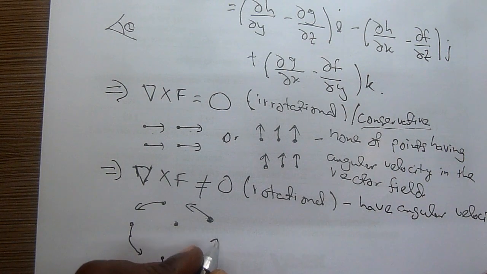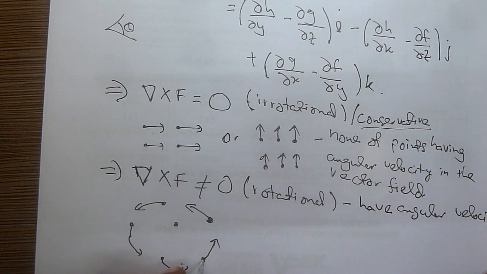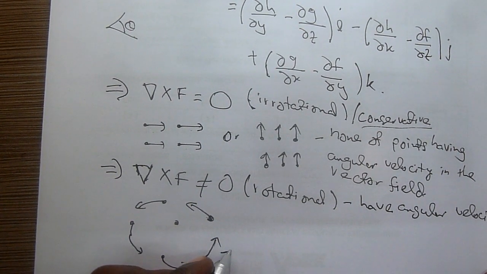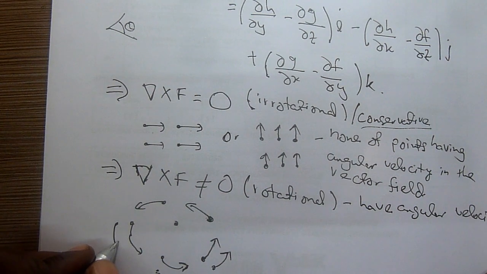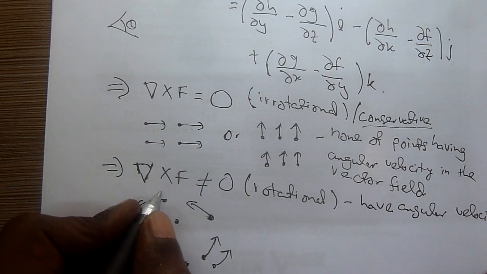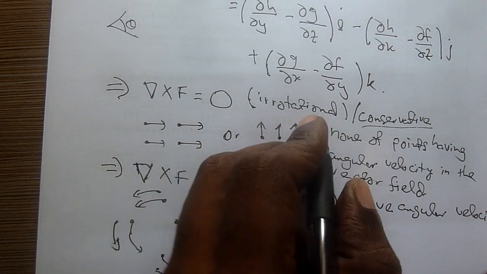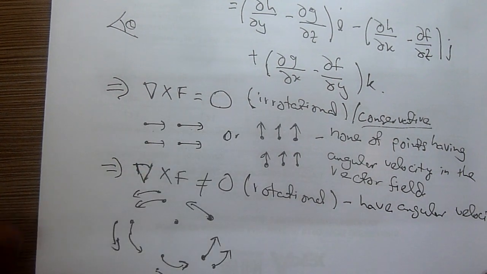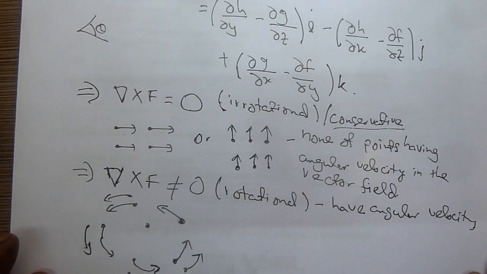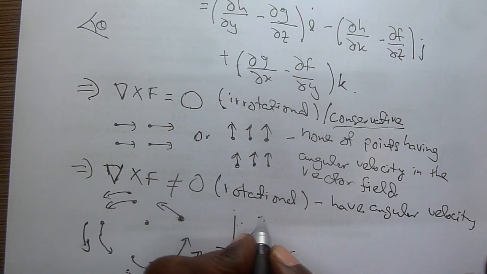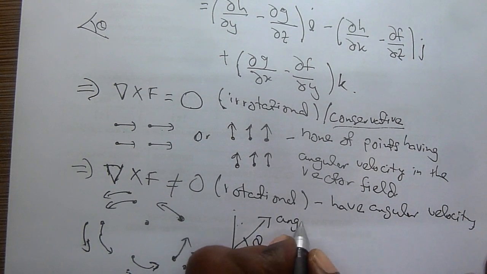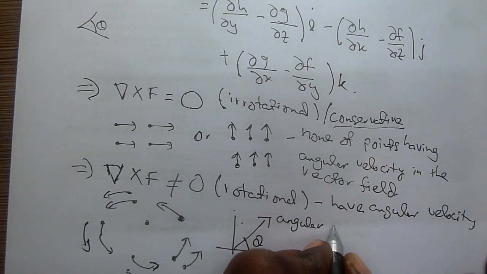It rotates. It's a kind of rotational. It's an angular velocity on a smaller scale also, but you should be able to see some angle. It's not irrotational straight. When curl is 0, you see it is straight. Now as I explained to you, there is some angle between, then there is a point. We can see there is an angular point, and it's not straight.